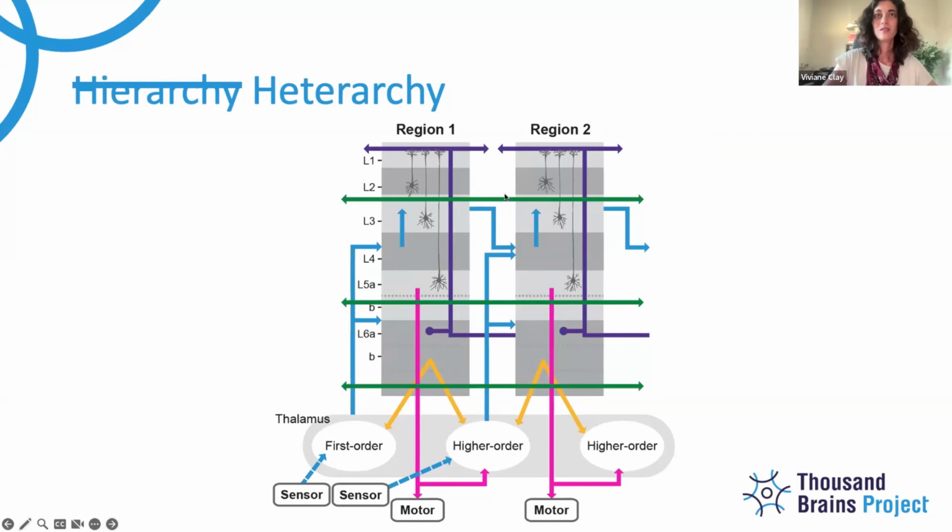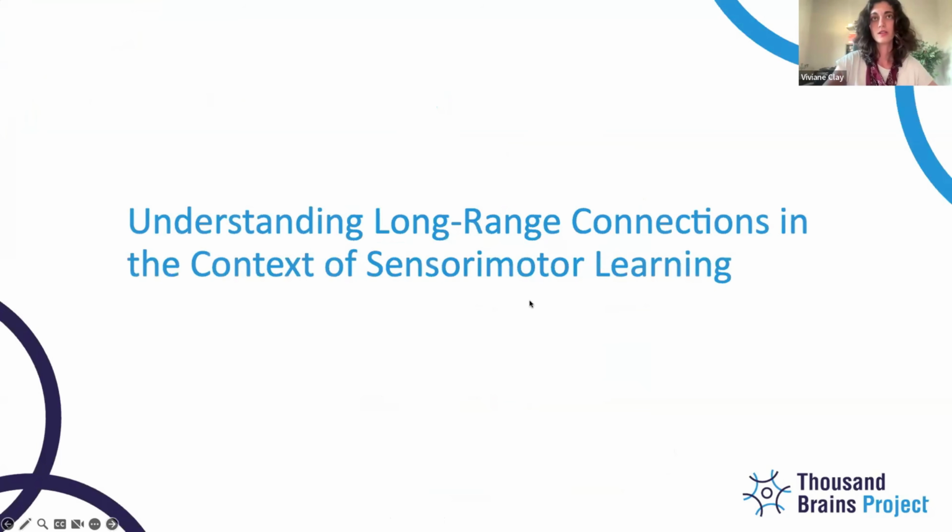So while there is lots of anatomical and physiological evidence for these kind of long-range connections, there isn't really a comprehensive theory to make sense of all of these connections. And what we're suggesting here is that if you think of the brain as a sensorimotor learning system, there is a unique and very crucial role for each of these long-range connections.